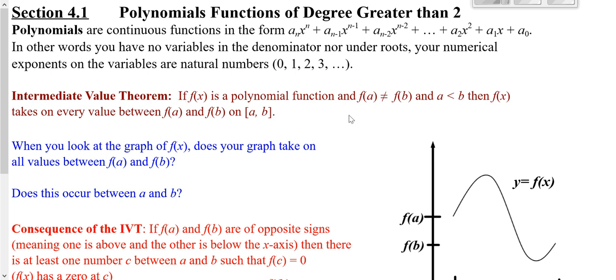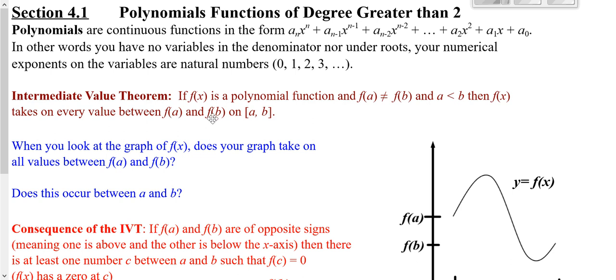If you have a polynomial where you have 2 points that are at different heights, so one's above the other, we don't know which one's above the other, we just know they're not at the same height, and your 2 input values are different, where A is to the left of B. Therefore, to be able to go from your output at A to your output at B, it has to take on all the values between these 2 different outputs.